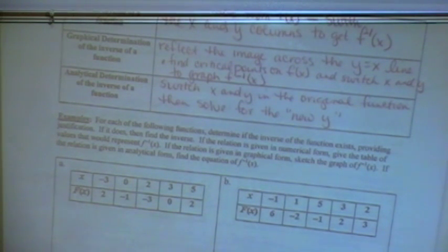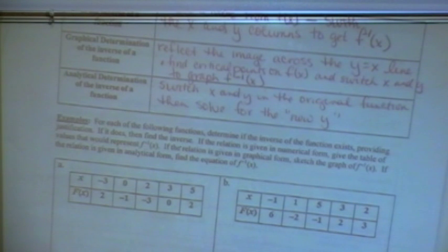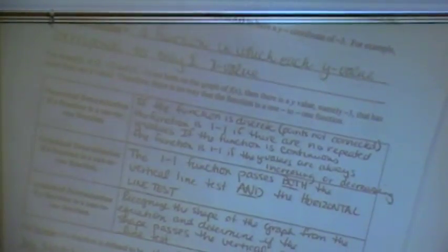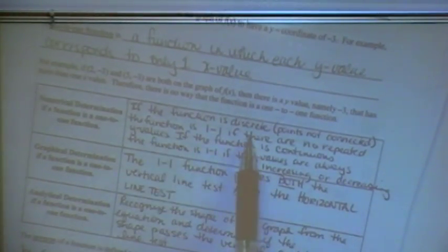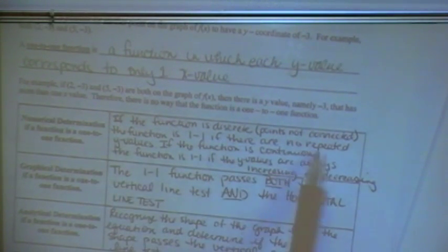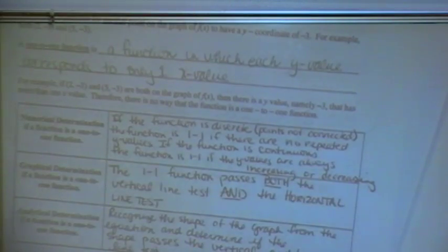Okay, so they gave me this table of data, and I have to determine whether or not it is a one-to-one function. Now, we know how to determine that it is a function. We want to determine if it's one-to-one. So, it says, if the function is discrete, which this is, all we have are some points, the function is one-to-one if there are no repeated y values.